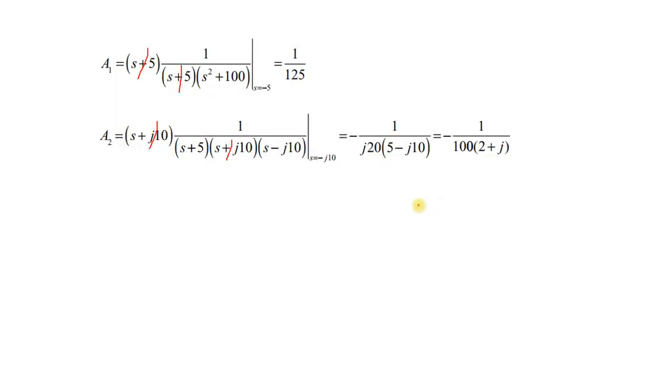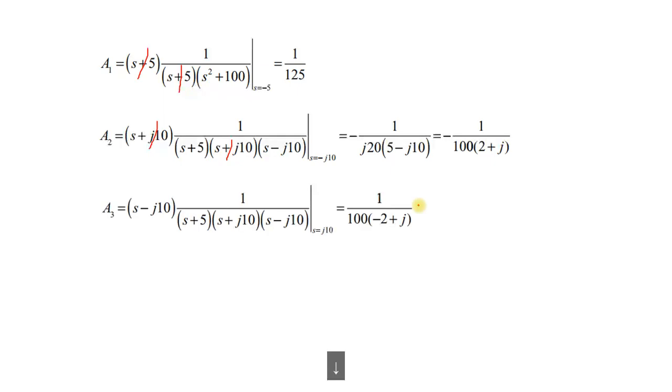For a3, which is equal to s minus j10, this term will cancel and s is replaced by plus j10, and you replace it in the equation. The final value of this equation is equal to 1 divided by 100 into (minus 2 plus j). So now we have found the values of a1, a2, a3.